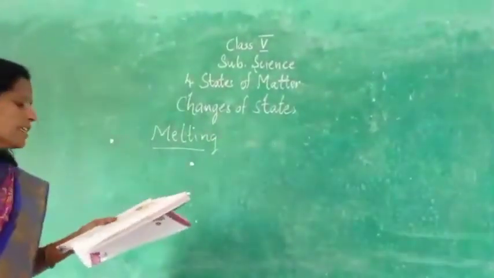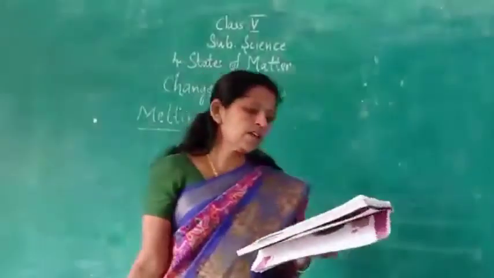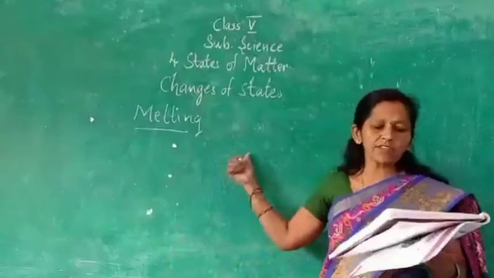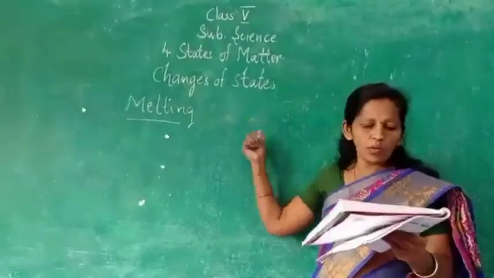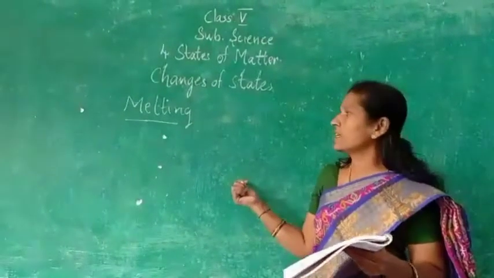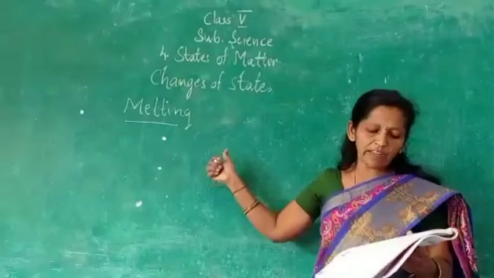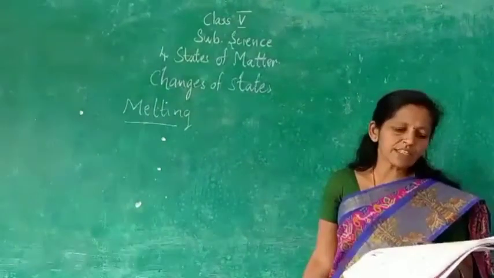We have already seen the changes in water: vapor on heating, and ice on cooling. So matter can change from one state to another when it is heated or cooled. The following are the different changes of state that can occur in matter, beta. First, melting. In melting, what we have seen is that when a solid is heated, it melts to form a liquid.